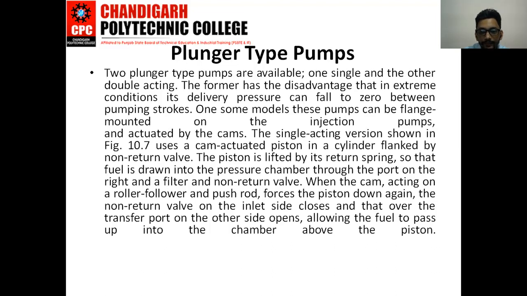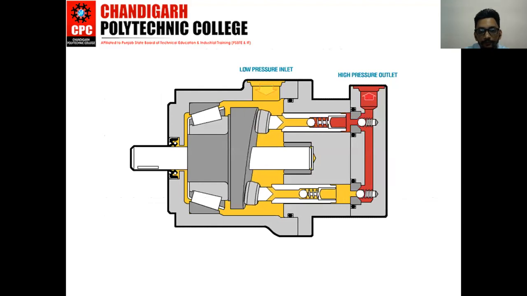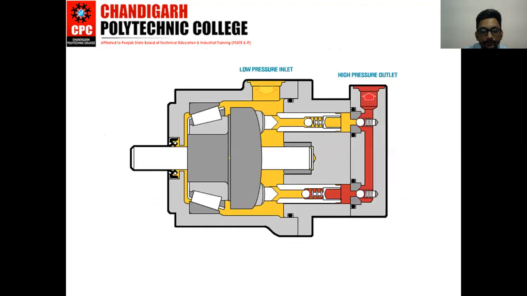When the cam acting on a roller follower and push rod forces the piston down again, the non-return valve on the inlet side closes and that over the transfer port on the other side opens, allowing the fuel to pass up into the chamber of the piston. This is the diagram of the plunger type pump.